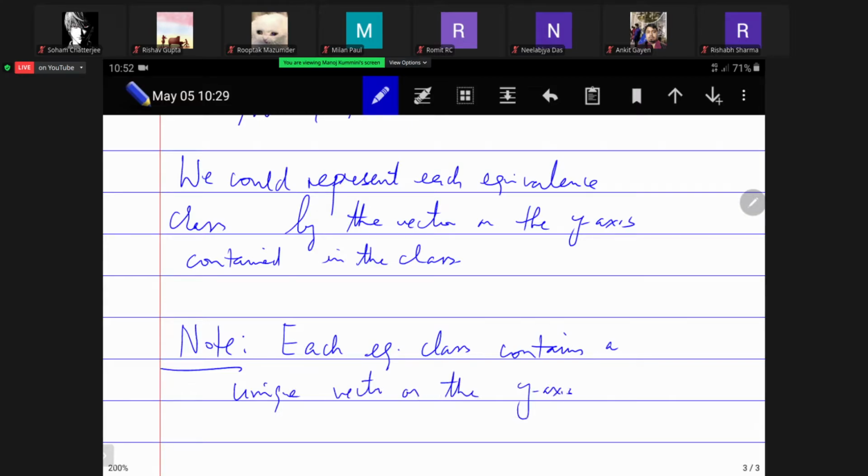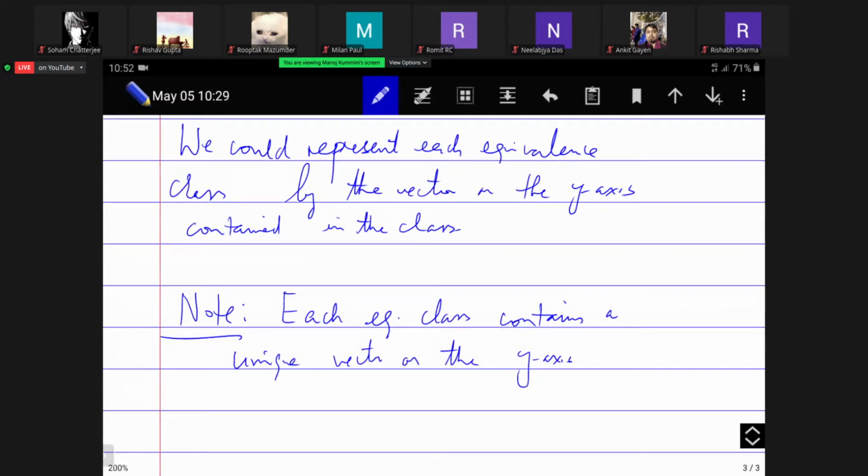Once that point is fixed, everything parallel to the x-axis passing through that point on the y-axis is equivalent. So this is the picture.